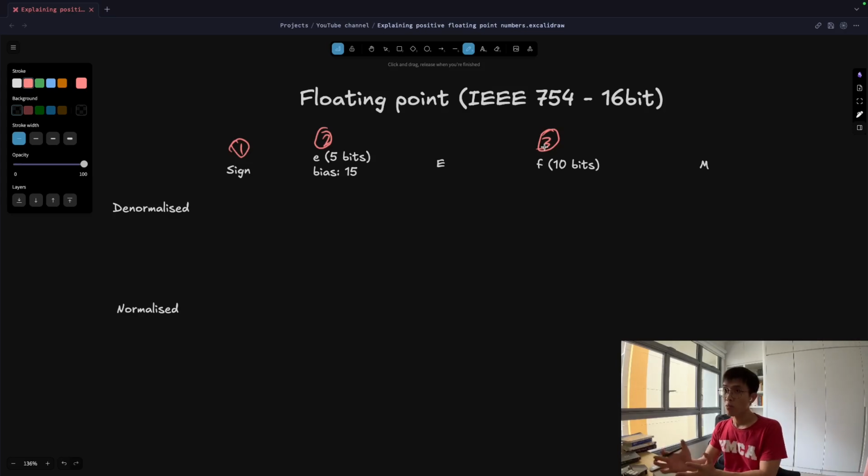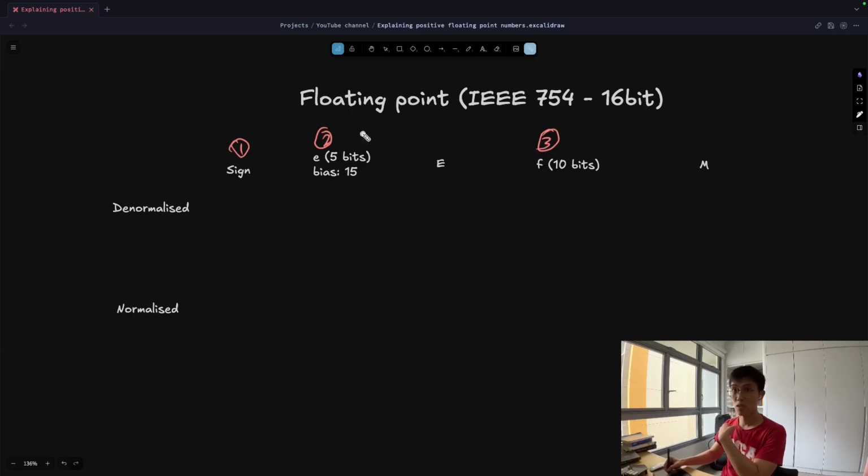For floating point numbers, or at least positive floating point numbers that we are concerned with in this video, there are two different forms that I want to talk about. The first one is what's known as denormalized, and the second one is what's known as normalized form.